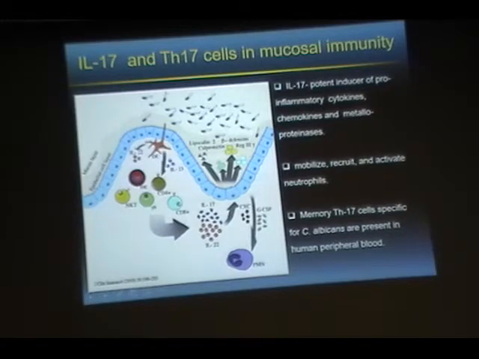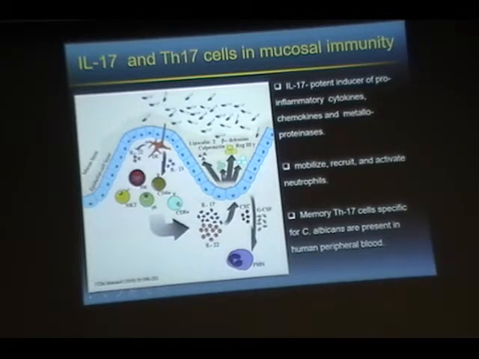So CD4 T cells expressing IL-17 is happening right here, and one of the main functions of IL-17 is to activate chemokine production and metalloproteinases in local cells. Okay, so they form another innate layer right here, but then they also recruit more neutrophils. Okay, so those neutrophils can again lead to the destruction of fungi.